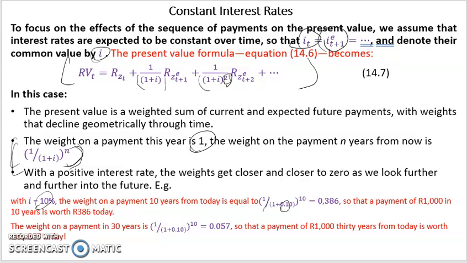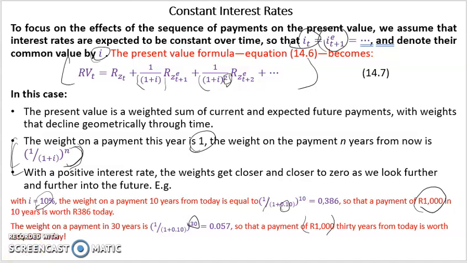So a payment of 1,000 rand in 10 years is worth 1,000 rand times 0.386, which is 386 rand today. And the weight of a payment in 30 years is given by 1 divided by 1 plus the interest rate to the power 30, which is equal to 0.057. So a payment of 1,000 rand 30 years from today is worth 57 rand today.